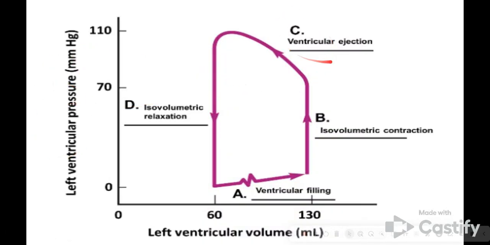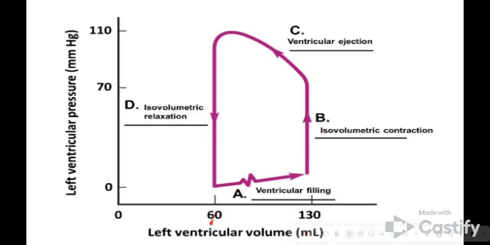And then phase C, where we have ventricular ejection, where we're not increasing volume. In fact, we're expelling our volume, and then we kind of increase, and then we stop, and then we begin to decrease, and then we get to stage D, where we're in isovolumetric relaxation.